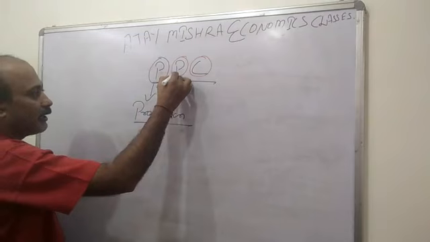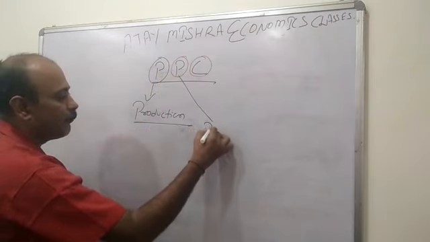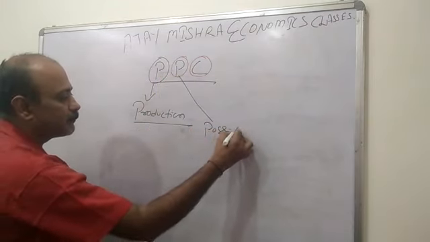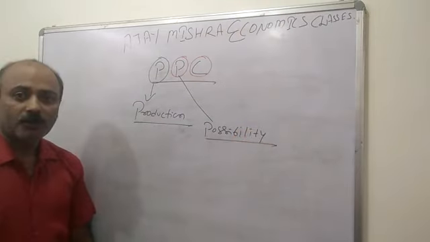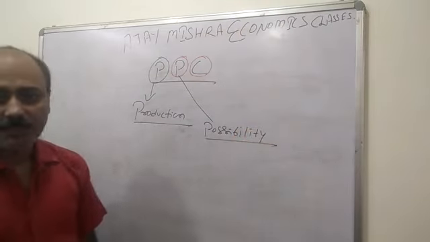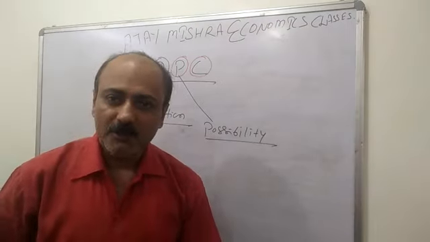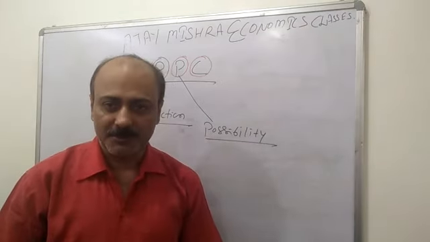Then the next one is possibility. Possibility means the maximum quantity which you can produce from the available resources.